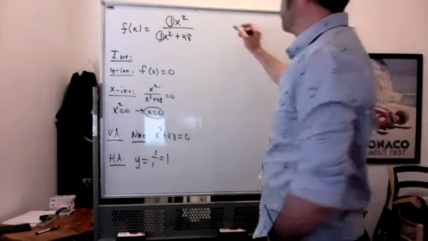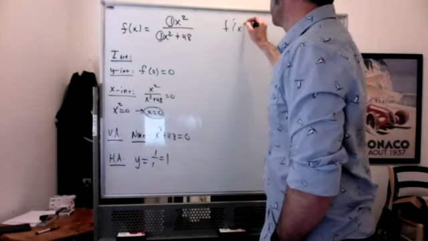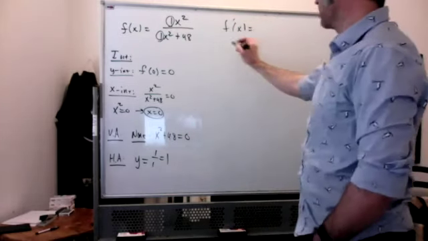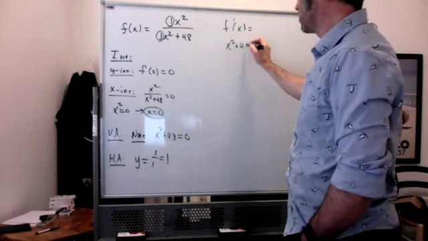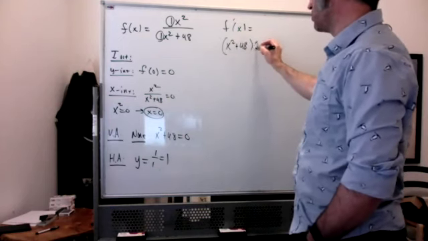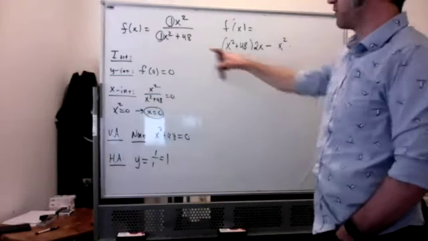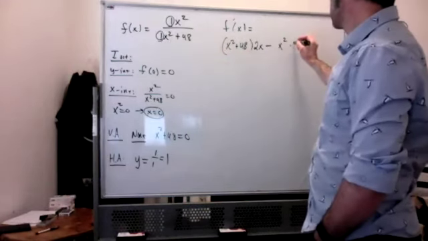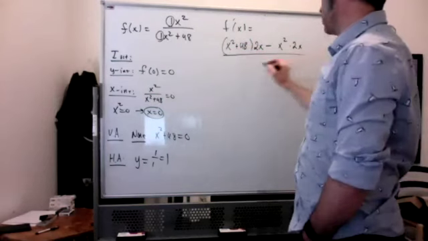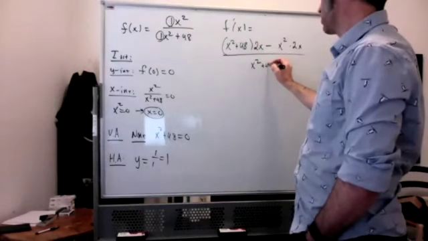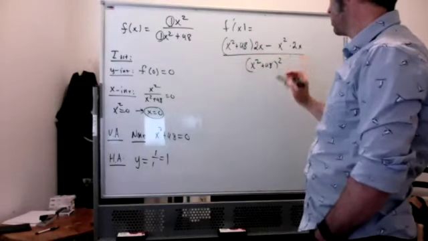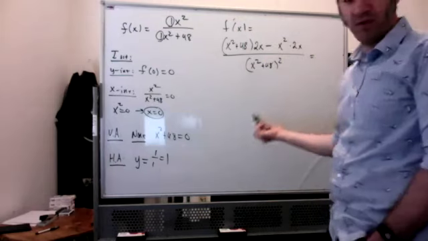So the first derivative, so let's find f prime. So that's going to be the bottom times the derivative of the top, which is 2x, minus the top times the derivative of the bottom, which is also 2x, all divided by the denominator squared. This is going to simplify pretty nicely.